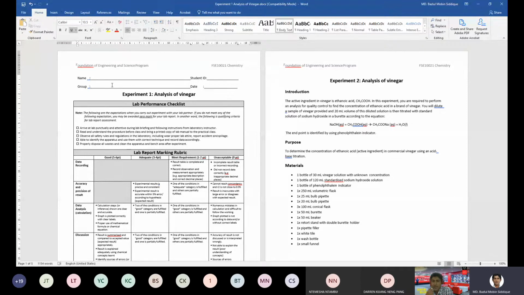When you write by hand, take photos with your phone, make all the pages together as one single PDF, and then upload it. I'm okay with that. But if you write by hand, make sure your handwriting is clear so that I can read it. If I cannot read it, I'm sorry, I cannot give marks.